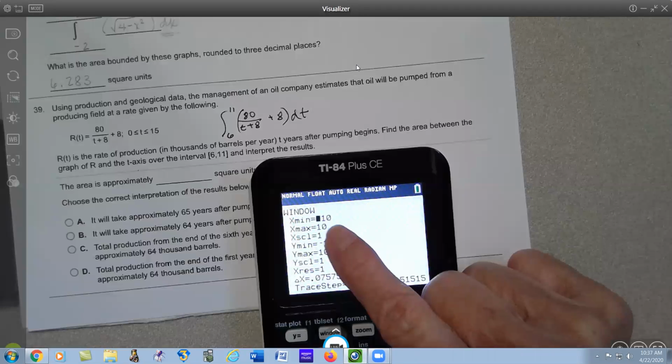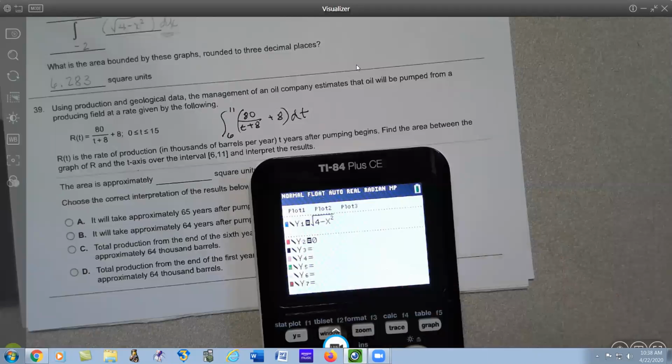The calculator will give me an error message if I don't. So I'm going to make this 15. Let's see if we can do this one quickly. 80 divided by x plus 8 plus 8. Ooh, I didn't do that. There we are.